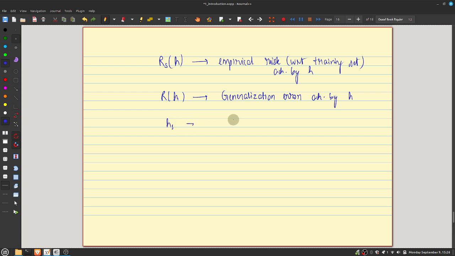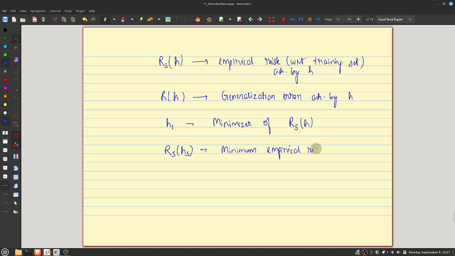I have H_S, which is the minimizer of the empirical risk, which is R_S of H. I have R_S of H_S, which is the empirical risk achieved by the minimizer of this, which is in fact the minimum empirical risk with respect to this training set.